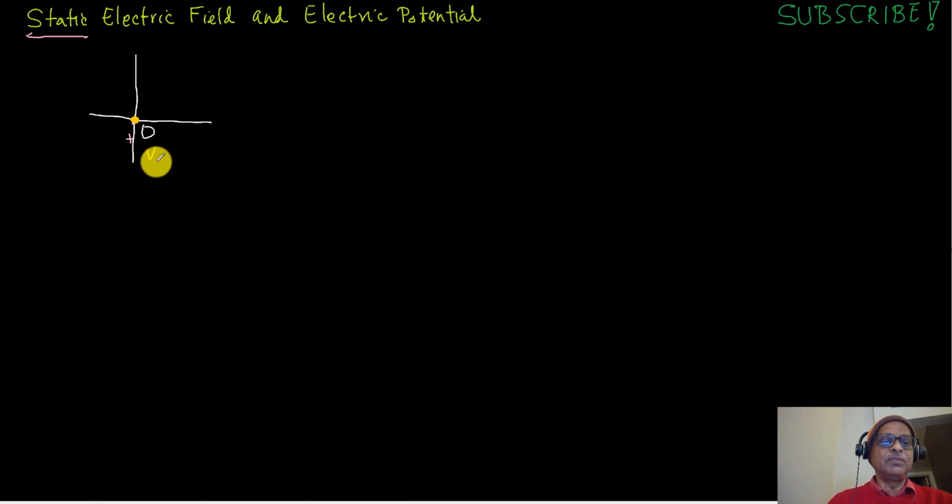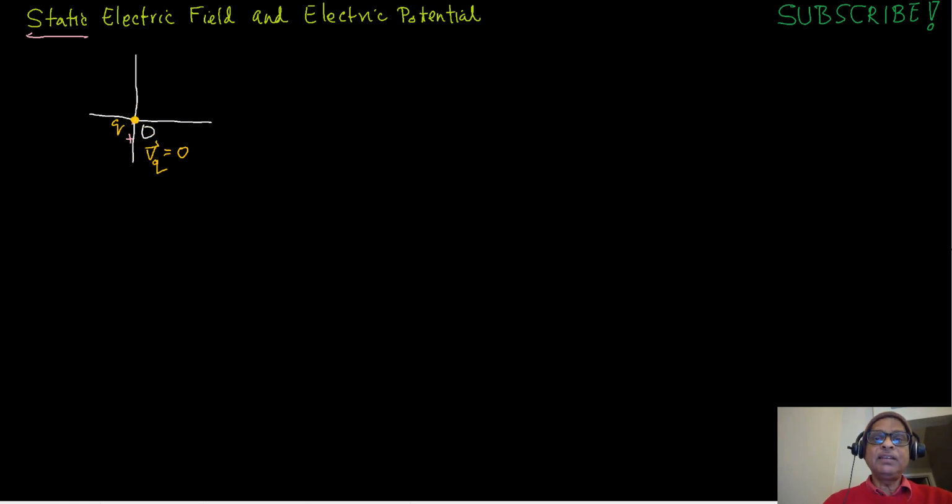So V of this charge Q is actually 0. Of course, if I have some other frame which is moving through this frame, this charge will be moving, and we're not talking about that situation. So the velocity of this charge is 0.